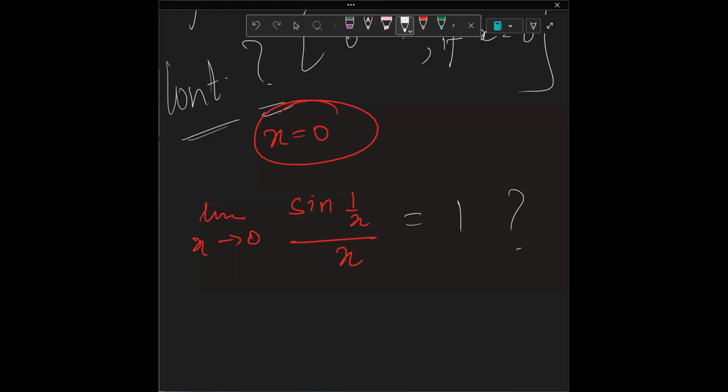No. Why? Because 1 is greater than sine theta. Sorry, 1 is greater than sine theta. What are you saying?